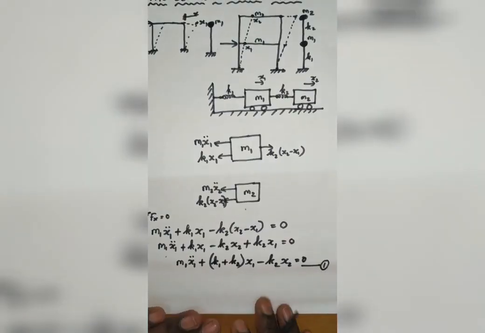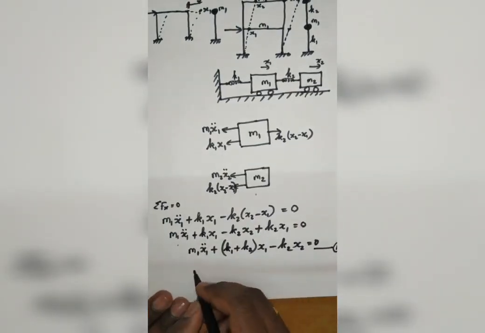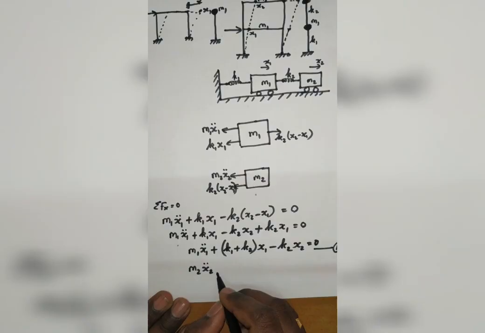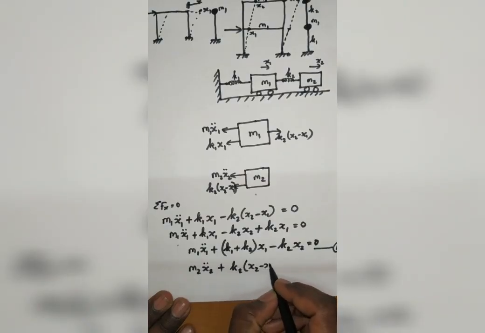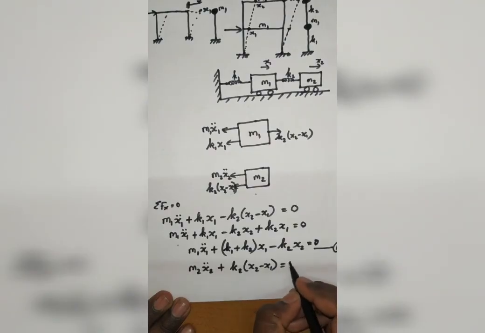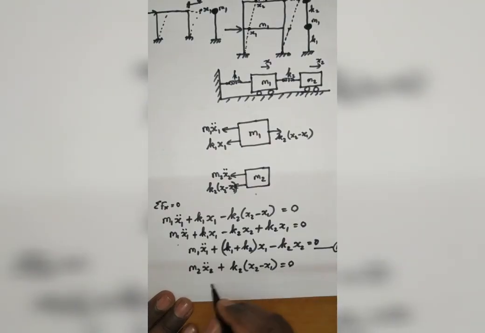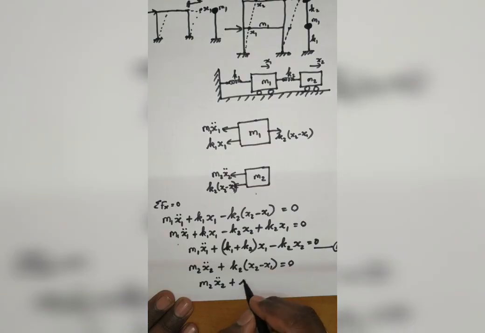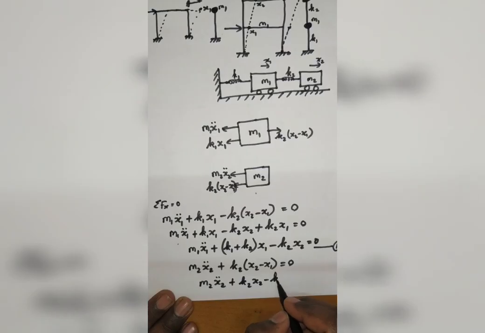Take this as equation number 1. If I take the second mass and resolve for this, I'll be getting M2 x2 double dot plus K2 of x2 minus x1 equal to 0. So just bringing in K2, M2 x2 double dot plus K2 x2 minus K2 x1 equal to 0.